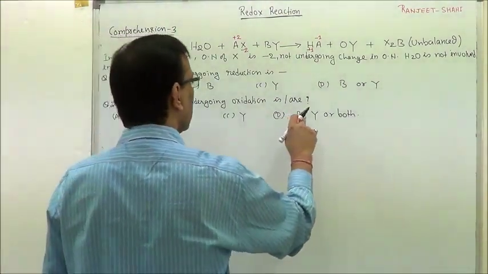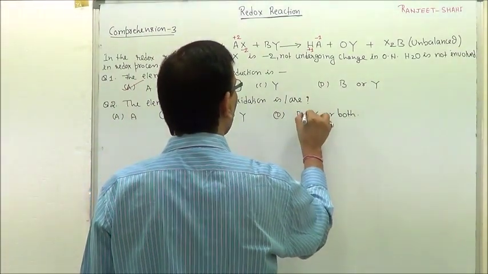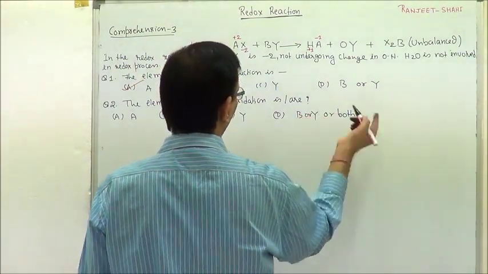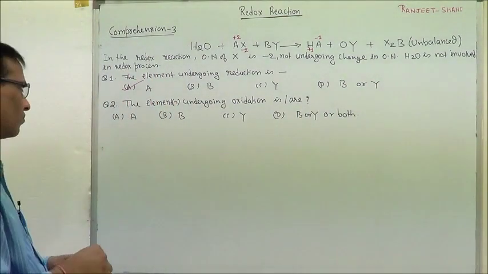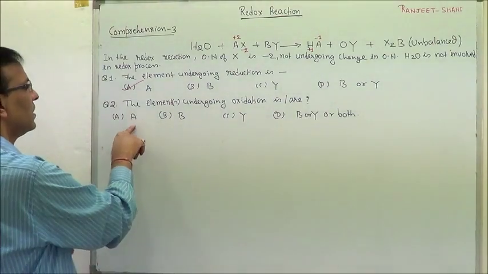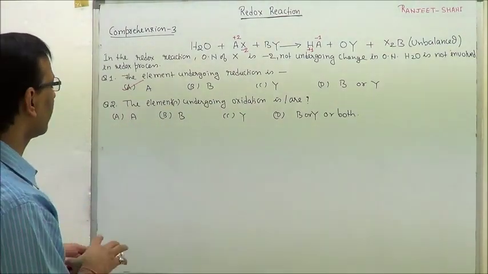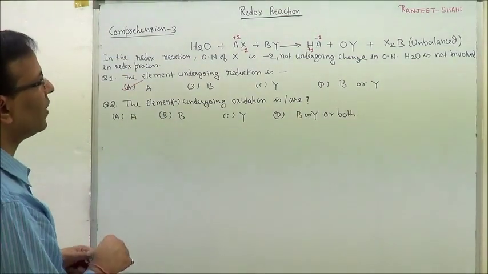B and Y, B or Y or both. Obviously A is not the answer since it is undergoing reduction. Now let us see the status of B and Y.